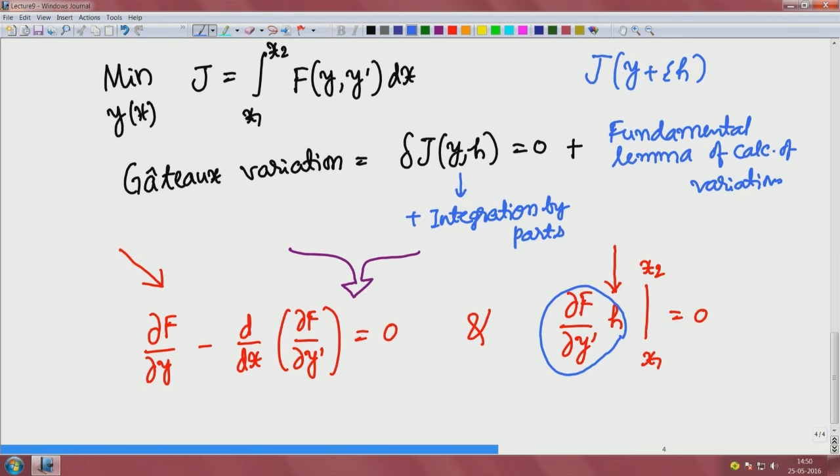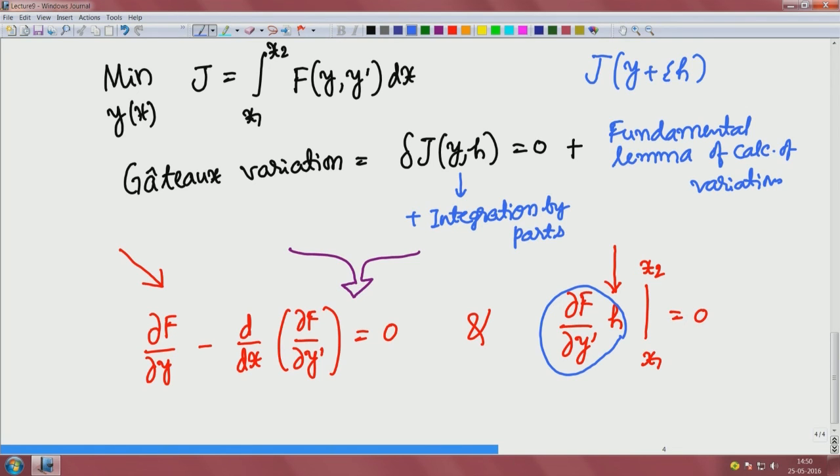So, if y is specified, we are not allowed to have h different from 0 there. 0 should be assigned to h at that point, that automatically satisfies this. Likewise, if at x2 y is specified, then h will be 0.